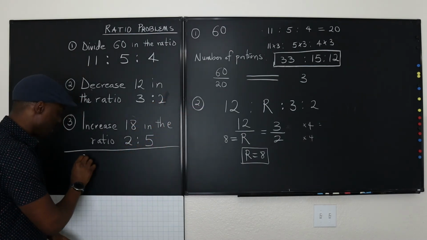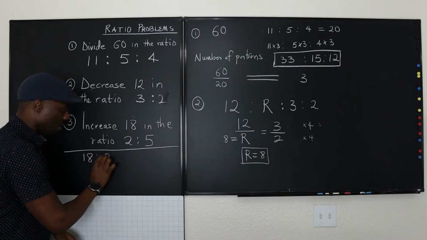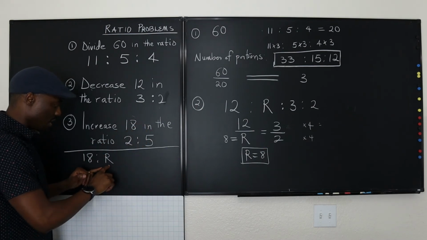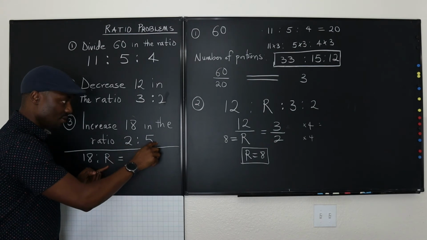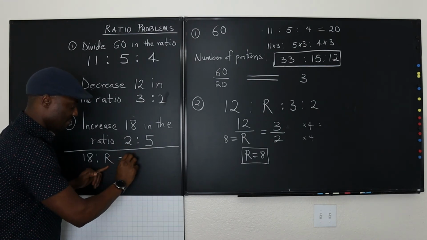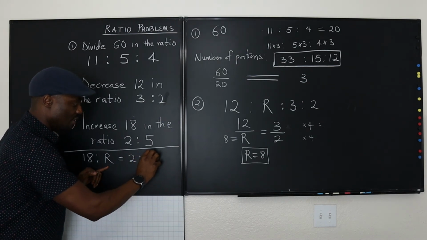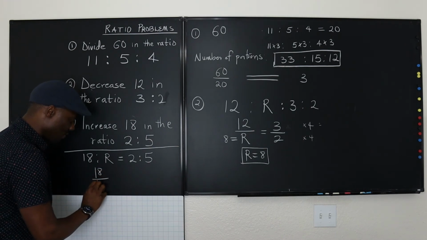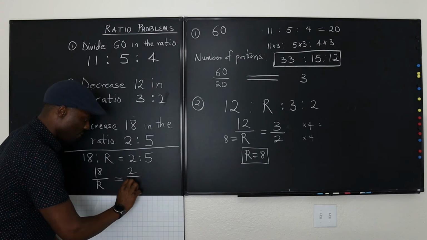So if we write it this way, 18 ratio R, because we're increasing, we're going from small to big. Small to big. 2 ratio 5. So if I rewrite this, it's going to be 18 over R is equal to 2 over 5.